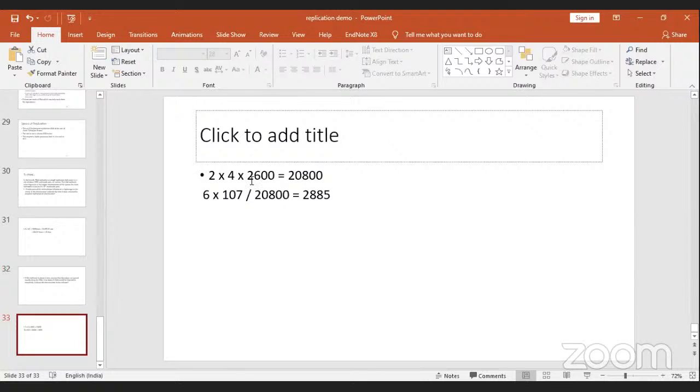You are multiplying this given speed, 2600 nucleotides per minute, by 4, because the total replication takes just 4 minutes, and this is bidirectional, so it is multiplied by 2. So totally you'll be getting 20,800 when you multiply all these things.